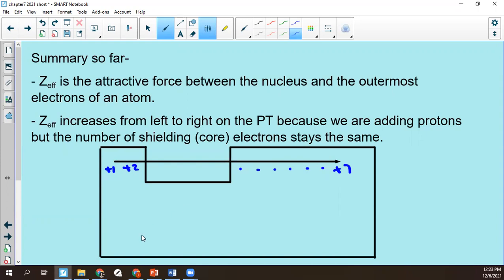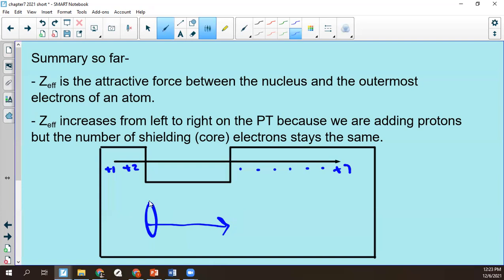It's a general trend. So we could say that over here, gold, silver, platinum, they have a higher Zeff than over here. I don't know those. Scandium, yttrium. What's that? Yeah. Now, these trends are not absolute. They're a general trend.